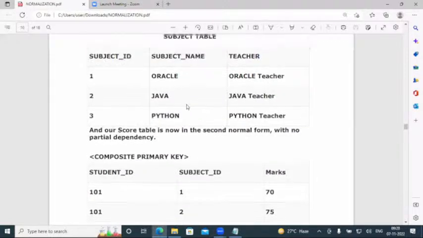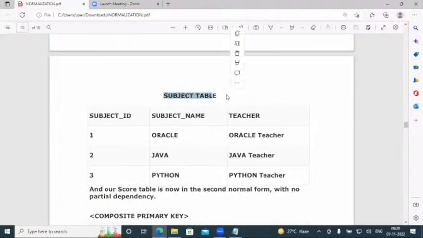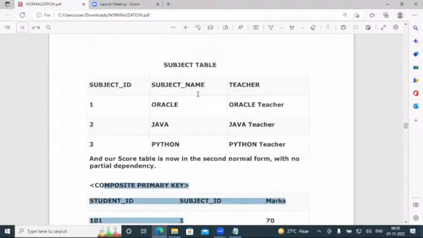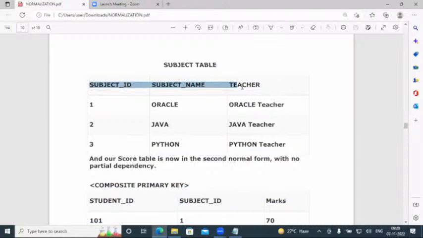Now we can see here, subject, one new table I'm creating, and below, the score table. This is the subject table. In the subject table, I kept the teacher column, and subject ID, subject name, and teacher. Subject ID is the primary key constraint, so subject name and teacher are non-primary keys.